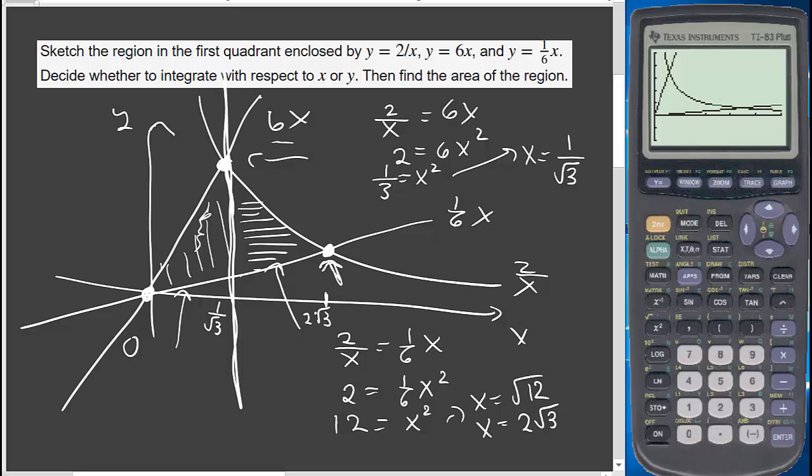So the x-coordinate here is 2 times the square root of 3. And now we're ready to set up our two integrals. The first one will run between 0 and 1 over the square root of 3, and the second one will run between 1 over the square root of 3 and 2 times the square root of 3.